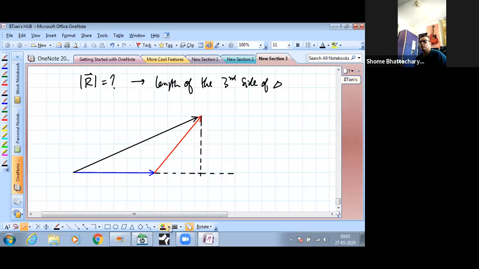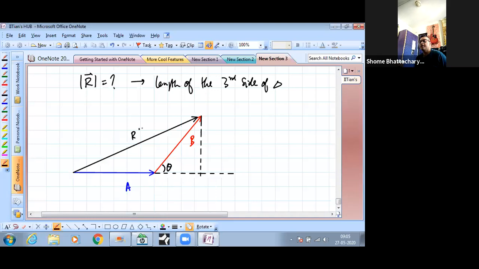So now in this triangle, I know that this side is nothing but magnitude of vector A. This side is magnitude of vector B. And this angle here is theta.